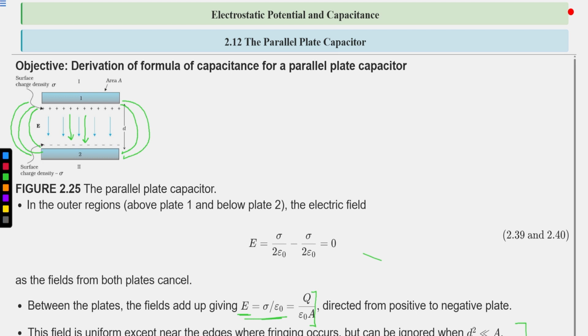So the area of these plates is considered much larger than its separation. This means there is a large amount of uniform electric field inside the plates of the capacitor compared to the fringing effect. So the non-uniform electric field will be very small, so it can be neglected.